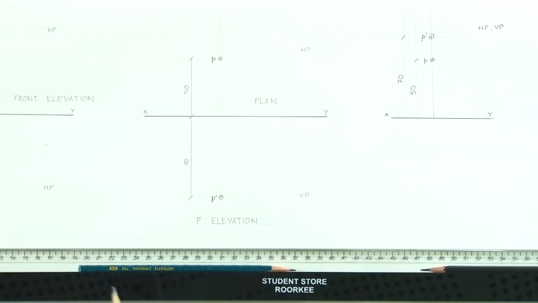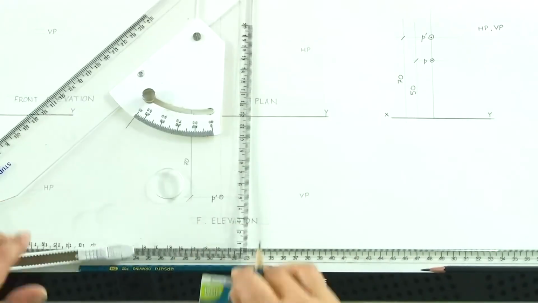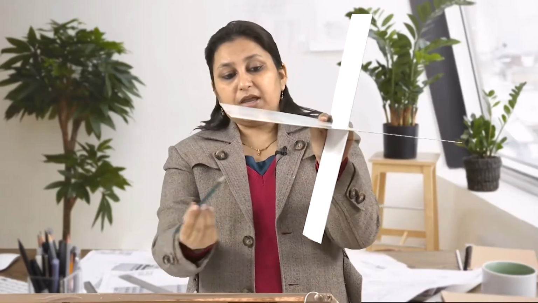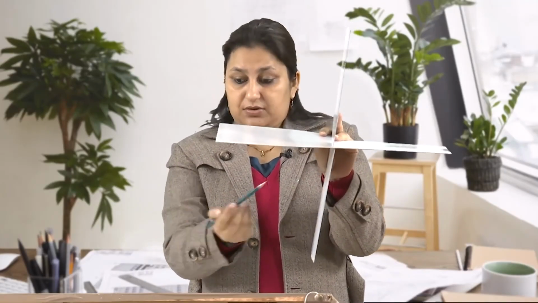Now, if the same point was located in the fourth quadrant, visualize it again. The point has the same dimensions, but it is located here in the fourth quadrant. Now, what happens? We fold it like this, and both HP and VP flatten together below the XY line.